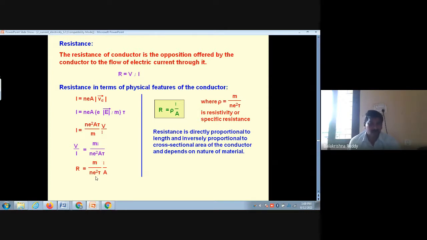Only the variables are the length and the area. So all these constants I'm taking here as rho, where rho is called resistivity or specific resistance of that particular conductor, right?